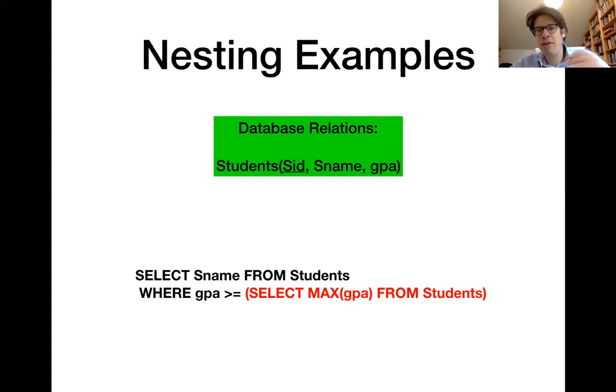Here we have one query marked up in red, which selects the maximum GPA from the students table. The result of that query is used as an operand within the where condition of the surrounding query. So that is one possible use case for subqueries. We can also use them in other parts of a query.